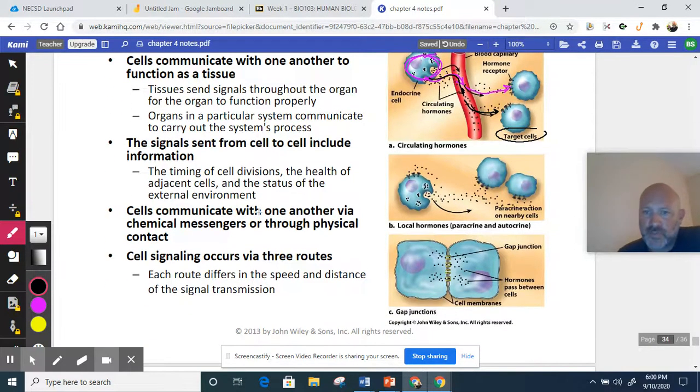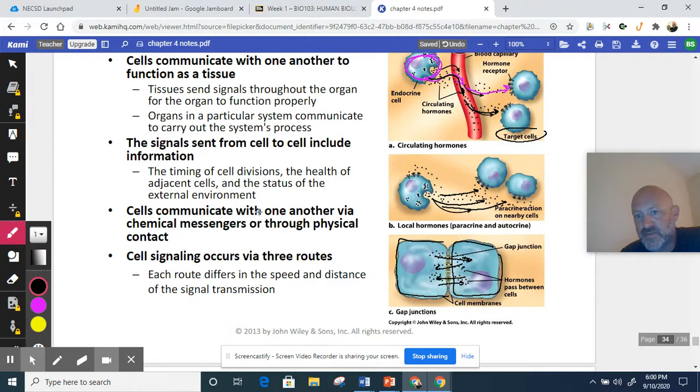Local hormones could communicate with target cells, but don't need to get picked up by the blood. They could just kind of travel to nearby cells by traveling through extracellular fluids. And then we have gap junctions, which this is a cell that's producing a hormone. This is another cell that's producing a hormone. And these chemical signals can be shared through these tight gap junctions between the cells.